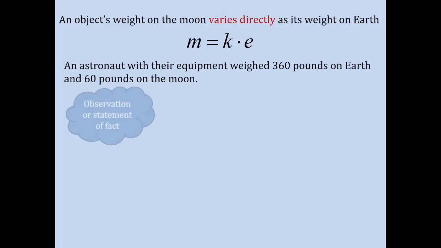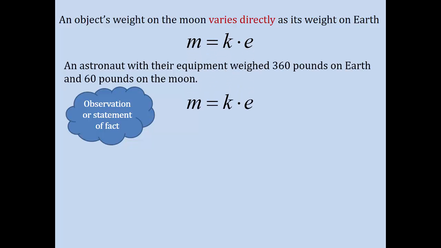However, if we are told an observation, an astronaut and their equipment weighed 360 pounds on the Earth. When they got to the moon, it showed 60 pounds. That is not like a super diet or anything. That's just the relationship between the two.